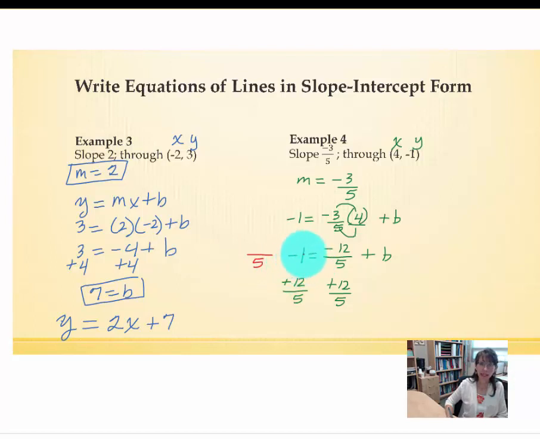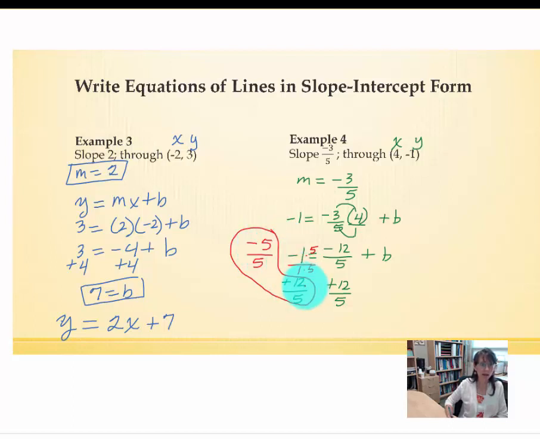So thinking of -1 as a fraction, -1/1, do you see what number you would have to multiply the numerator and denominator by to get 5 in the denominator? If we multiply both the numerator and denominator by 5, we are building it up with the same factor, so we can make an equivalent fraction, and that would be -5/5. So now we can combine these fractions that have a common denominator.